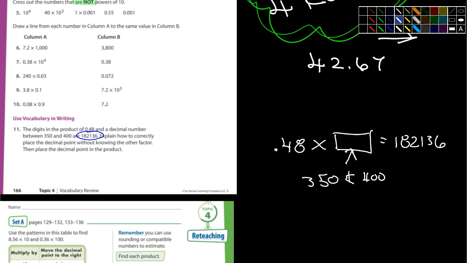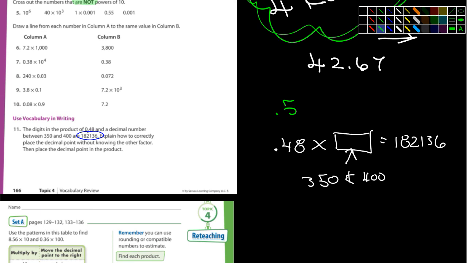So that really talks about number sense. Really, you could pick any number between 350 and 400 and see what you would get. In other words, you could change the 0.48 to just 0.5, which is the same thing as half, 1/2.